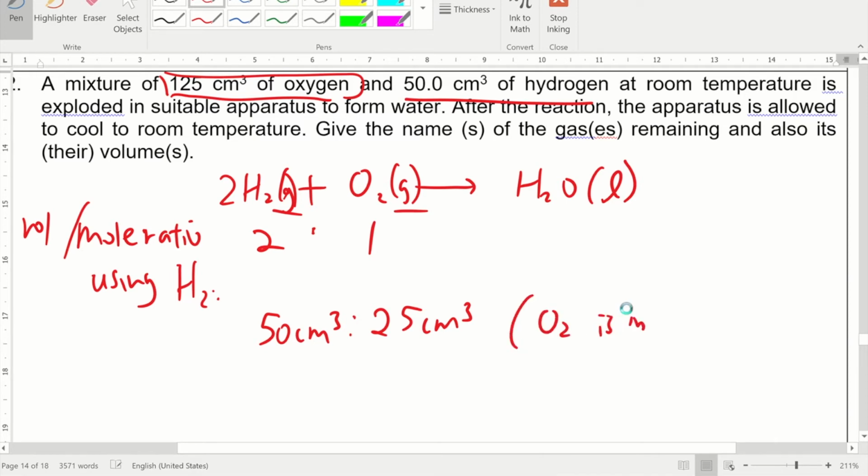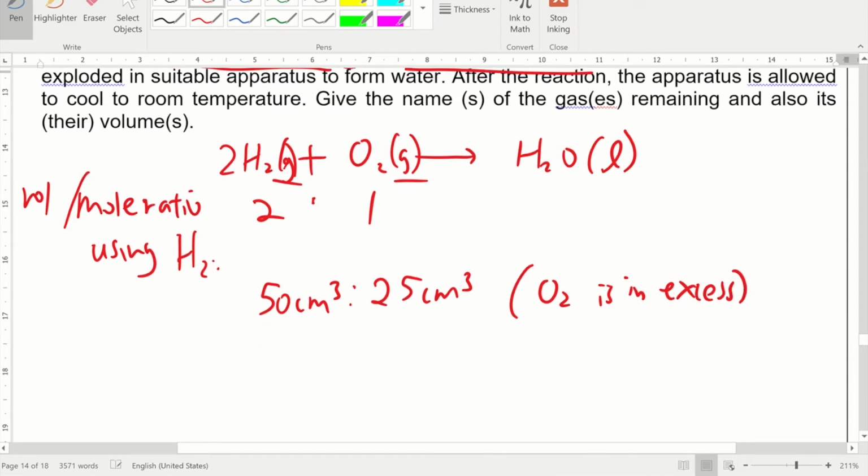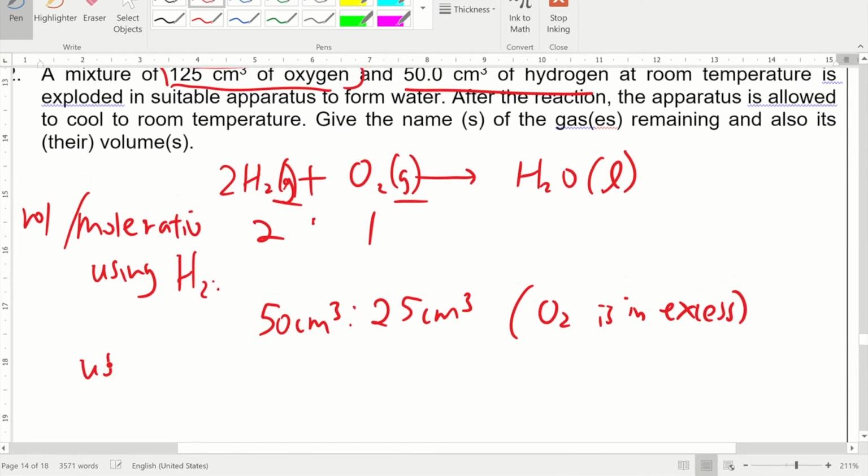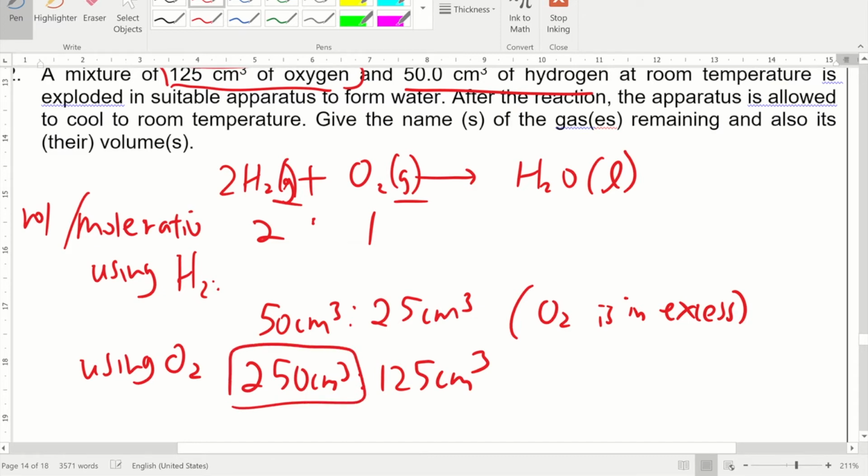So at this point, I can identify that oxygen is in excess. If I don't want to use hydrogen, I use oxygen. Using oxygen, if I have 125 cm cube here, I will need 250 cm cube of my hydrogen. But how much am I given? I'm only given 50. So at this point, I can tell that hydrogen is the limiting reagent.